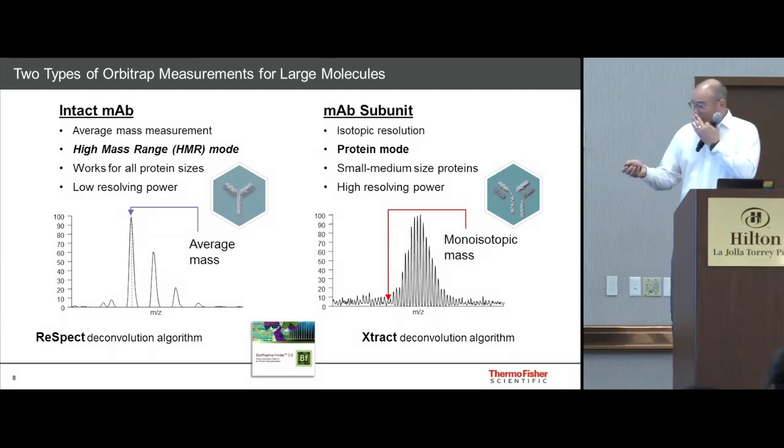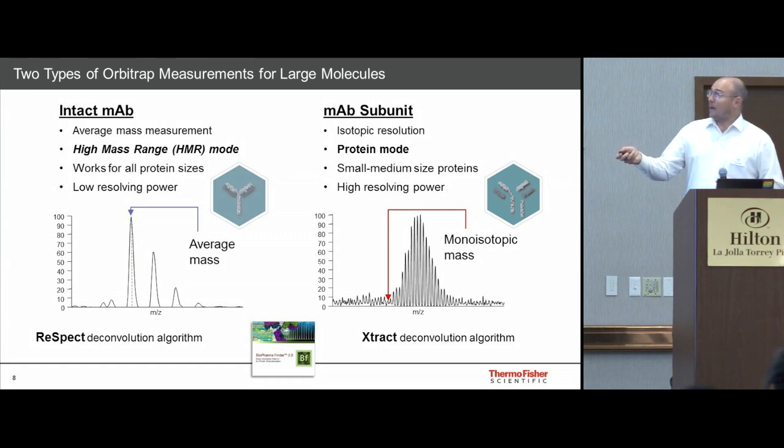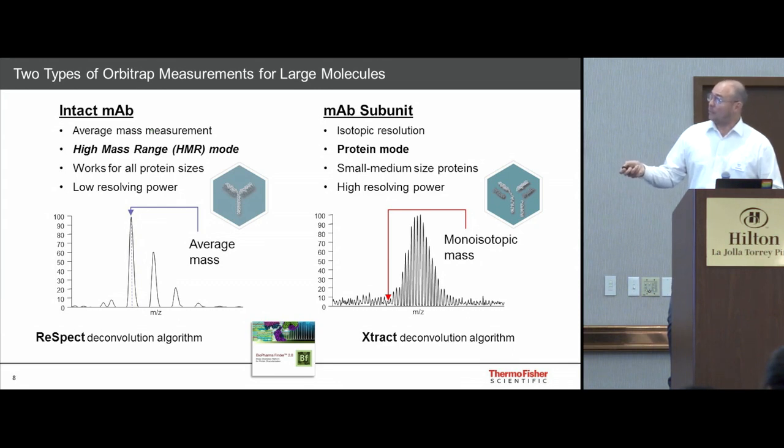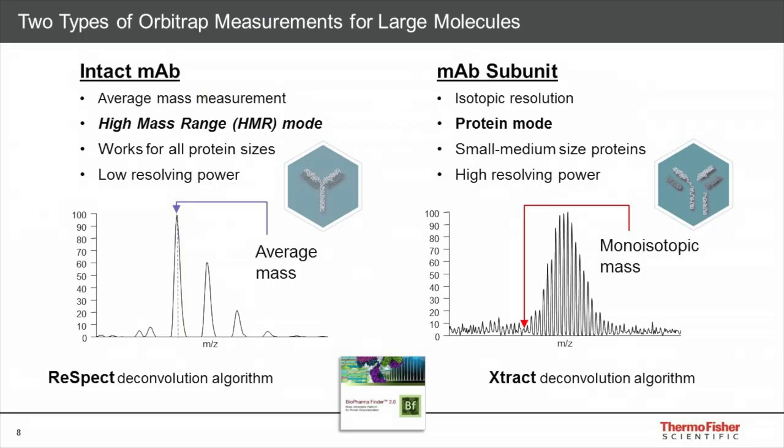So for an intact antibody, what we would do is turn on the high mass range mode, and with this, we would be using a lower resolving power in the Orbitrap, and we would generate average mass data, and we would measure an average mass of each of the species in the mixture. So this is actually not an isotopic profile, but rather a glycoform profile, and underneath each of these peaks would theoretically be isotopes, but this is something at 150 kilodaltons, a very large molecule.